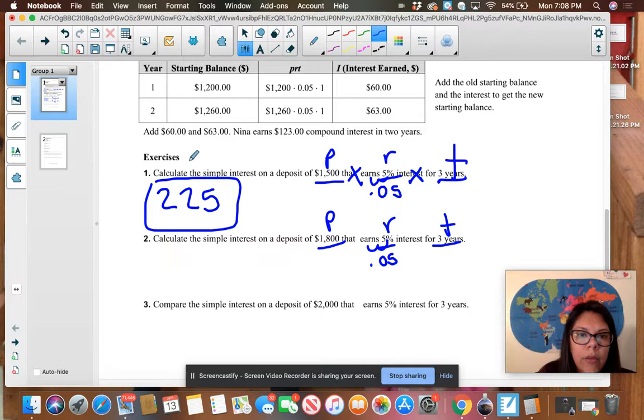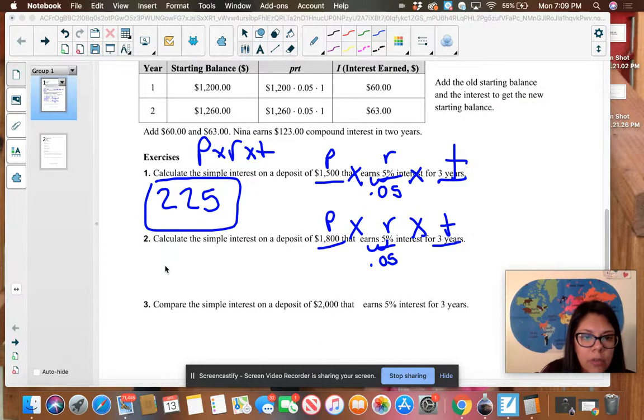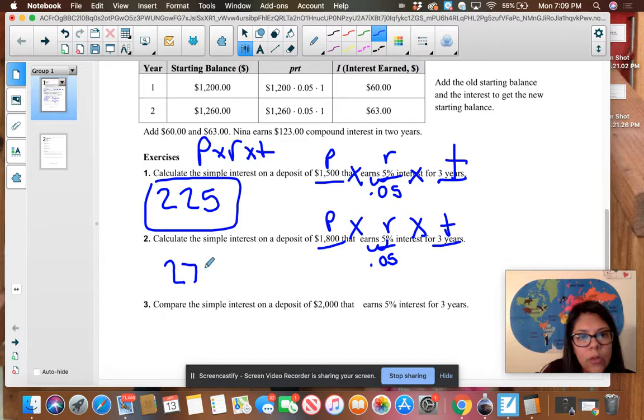And remember that our formula is P times R times T. So we have all of this being multiplied. Principal 1,800 times 0.05 times 3 is $270. Okay, number 3. Here, I'll just box my answer.